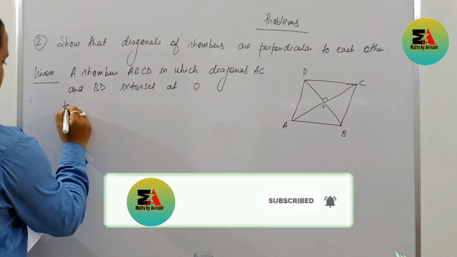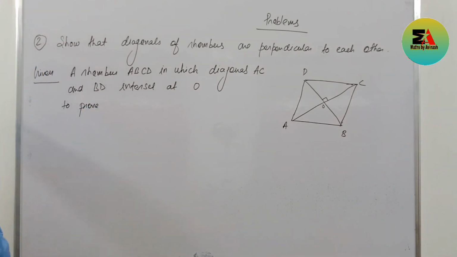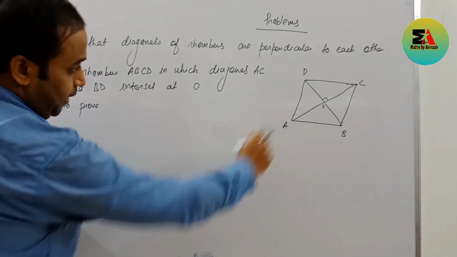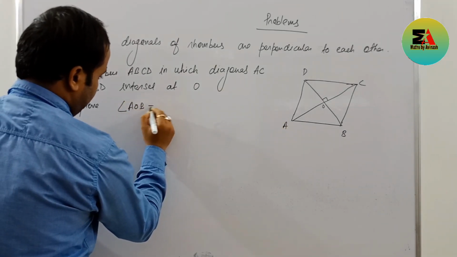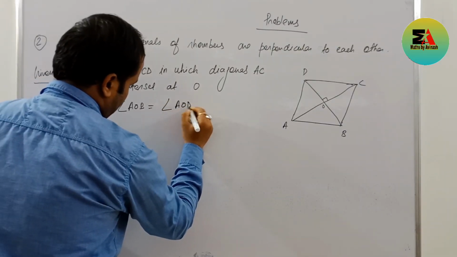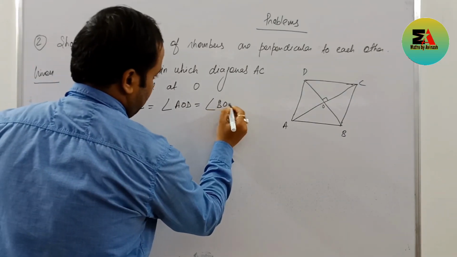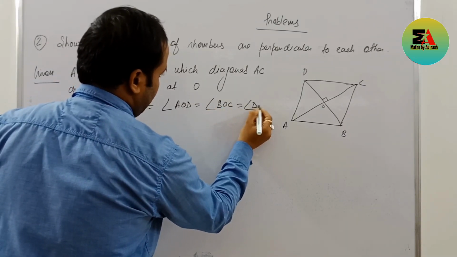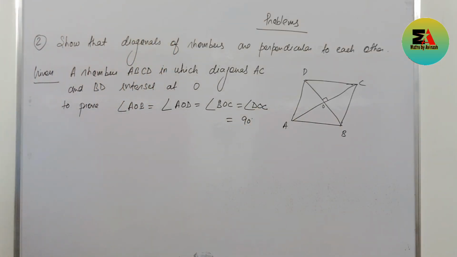Then to prove, angle AOB equals AOD equals BOC equals DOC equals 90 degrees. This is what we have to prove. Now see how we proceed.